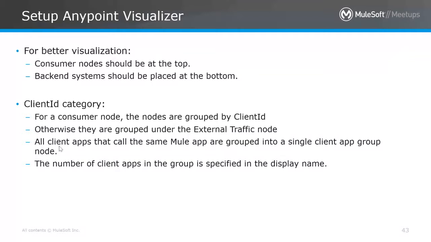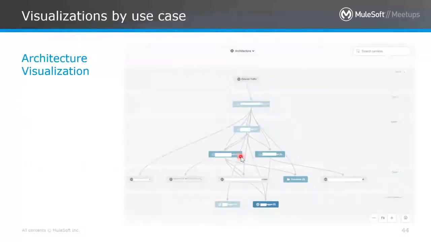I'm not sure if you are able to see it, but here you see the number 2 is written, which means two applications are calling this particular node and two other applications are calling this node. Here you see this is the Salesforce, in the target system, and you see the number 2 written here because this Salesforce URL is being called by this process layer as well as this particular system layer. That's why the number is written here.